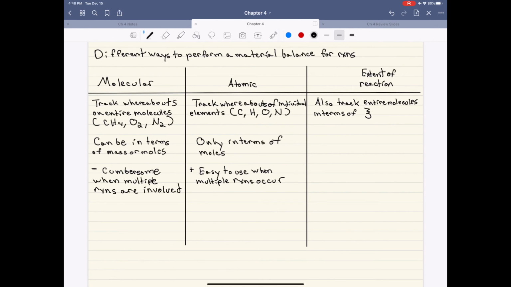Now, when you're doing an extent of reaction balance, these are also only in terms of moles. Which is consistent with the statement previously, where the extent of reaction, right, is based on how many moles of a species reacted. Okay? Now, these extent of reaction balances are also useful for reactive systems, but they're especially useful if you have equilibrium reactions going on.